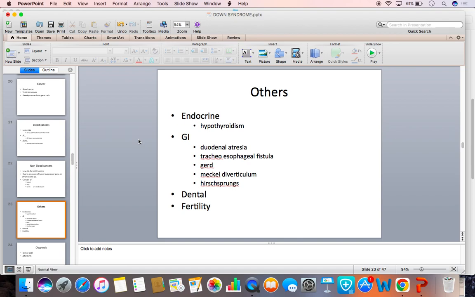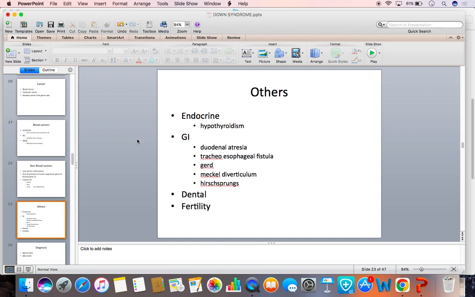Other problems. Hypothyroidism is very common in children with Down syndrome. Coming to GI anomalies, duodenal atresia, tracheoesophageal fistula, Meckel diverticulum, and Hirschsprung's disease are more common in children with Down syndrome.